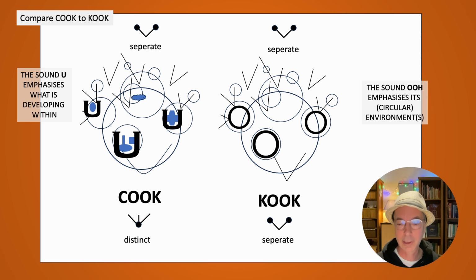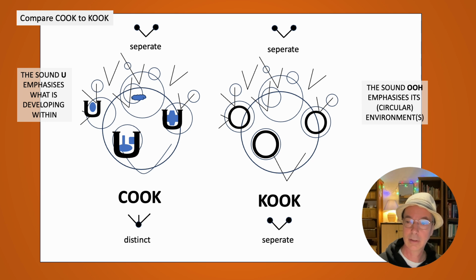You watch over the elements and you distinguish the elements, and you try to separate them, but also try to keep them together, how they develop and so on. So in the cooking with the C, it's very much looking towards the process. KOOK has not that kind of focus.